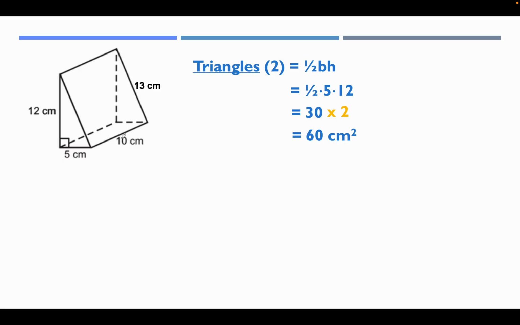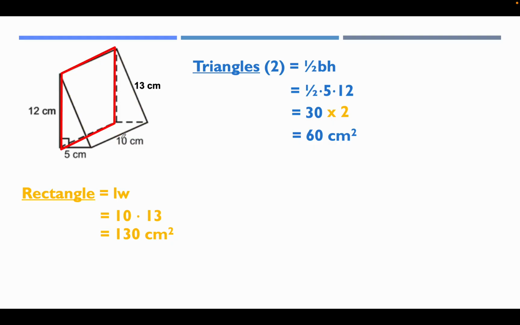Now we need to focus on the rectangles that go around. Those are the faces of our prism. And it doesn't matter what order you do these in. I just like to sometimes color code them or number them so that I make sure I know which ones I did and which ones I still need to do. So this rectangle is 13 times 10, which is 130.